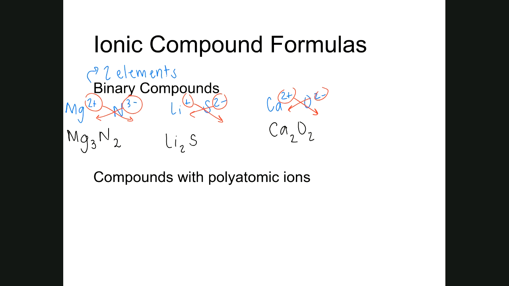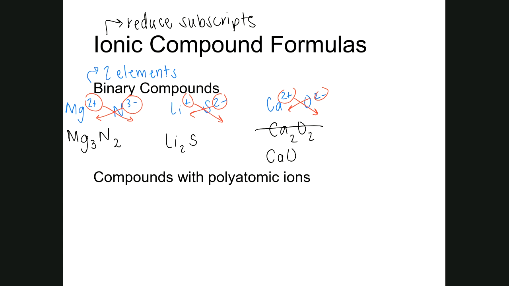But for ionic compounds, you always want to reduce the subscripts as low as possible. So since both of these subscripts are 2 or are divisible by 2, this is actually not the correct formula. The correct formula would be CaO, because we only need one of each ion in order for our compound to completely be neutral.